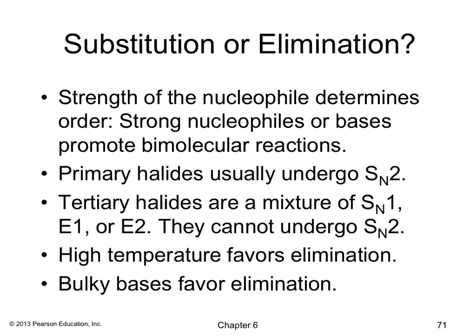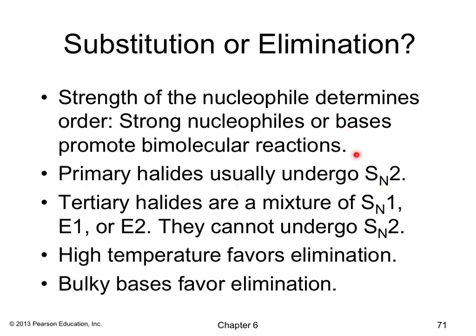Substitution or elimination, if we're going to compare, when will you have substitution or when will you have elimination? The strength of the nucleophile determines the order. Strong nucleophiles or bases promote bimolecular reactions, so you have SN2 and E2 being preferred when you have a strong nucleophile for SN2 or a strong base for E2.